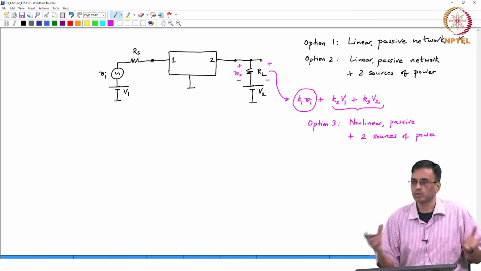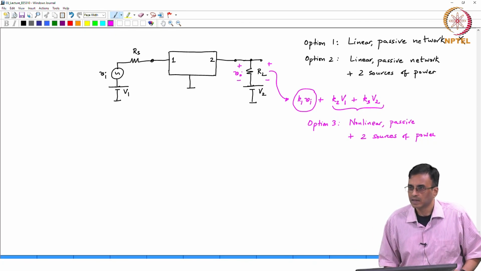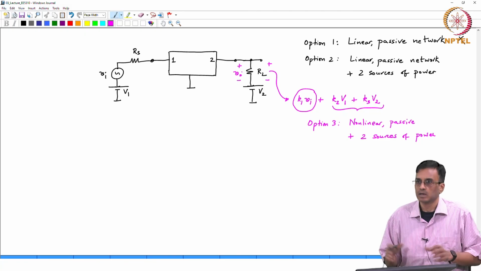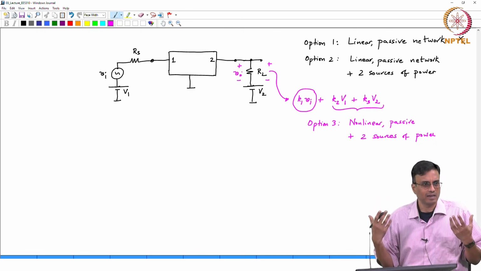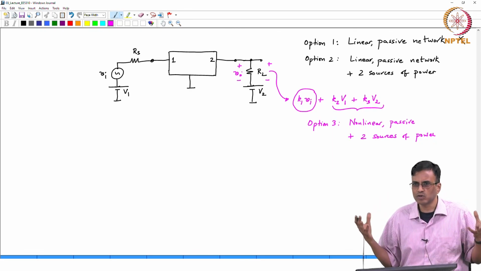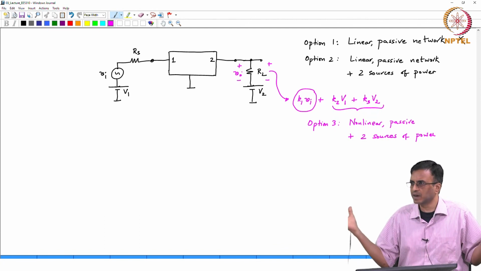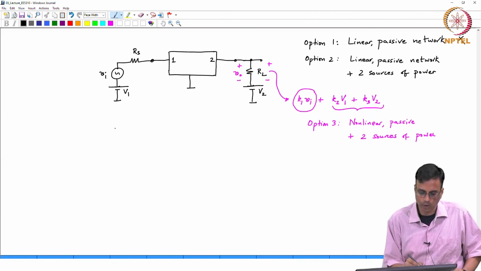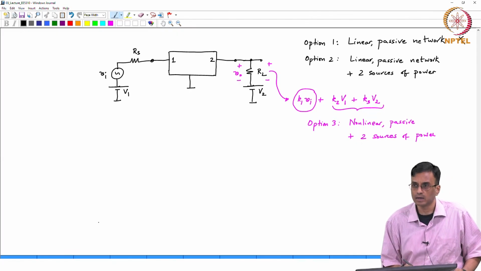So, we have to find the incremental gain. How will we find the incremental gain between Vi and Vo? If you want to find incremental gain, you replace every nonlinear element in this network by its incremental model. And how will that look? What happens to capital V1?